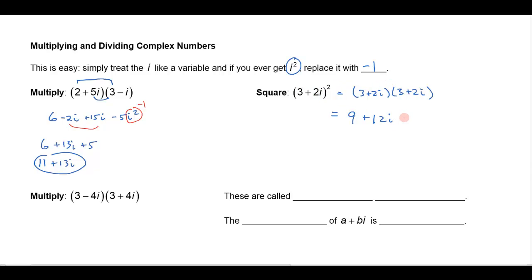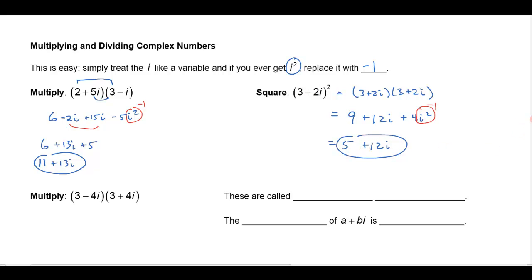And then 2i squared would be 4 times i squared. That's a 2i times a 2i. Again, you have an i squared, so you can trade that in for a negative 1. And so this is going to give you 9 here, and then 4 times negative 1 is negative 4, so that's 5 plus 12i. So if I square this complex number, I get this other complex number.